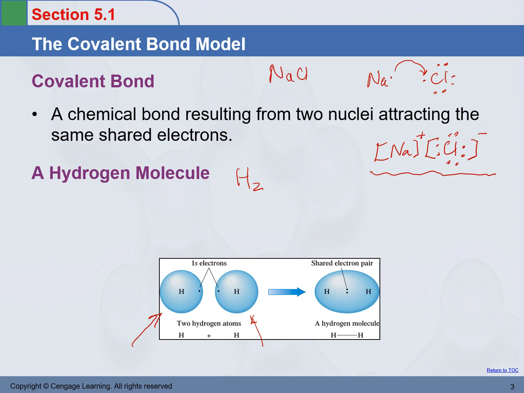The noble gas right next to hydrogen is helium, which has 2 electrons in shell number 1. So the goal for hydrogen to become more stable is not 8, it's to get 2 electrons in its shell number 1. So neither one right now is happy by itself because it has only 1 electron.